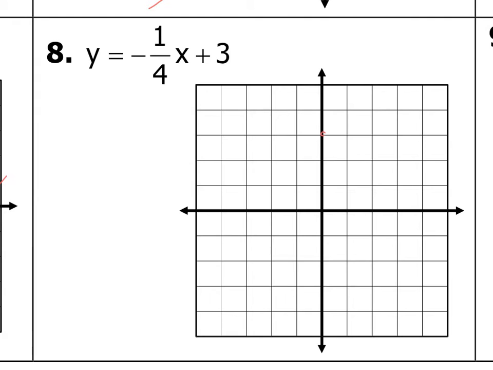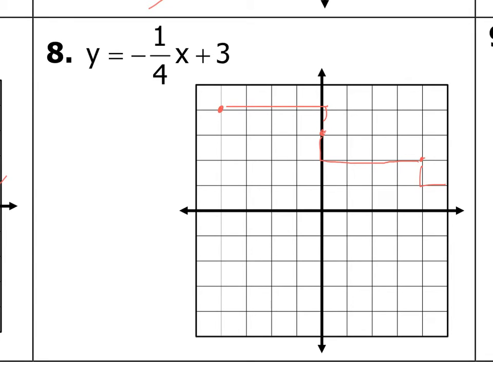Again, find your y-intercept. There it is. All right, we have a slope of negative 1/4. So I'm going to go down 1. I'm going to go right 4. 1, 2, 3, 4. I can't go down 1 and right 4. My graph's done. I could go up 1, and then we've got to go left 4. 1, 2, 3, 4. Okay.